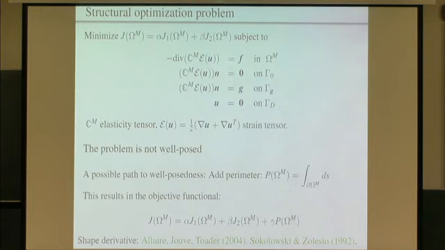Classical methods for solving such a problem were done by the following authors. What they do is compute boundary variations and shape derivatives to arrive at the first order optimality conditions for this problem.